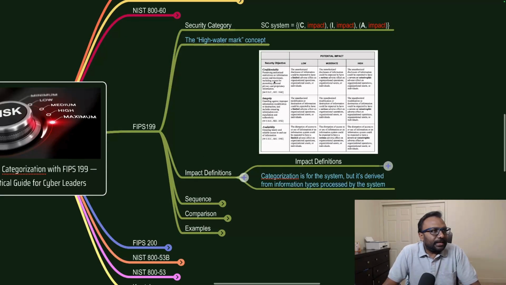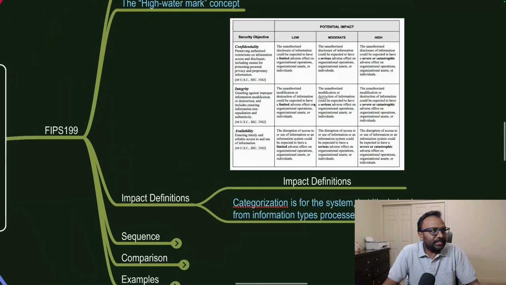What are the impact definitions? I am not going to read all these things, but just for your understanding, this is part of the FIPS 199 document. When confidentiality is low, it is a limited adverse effect, related to disclosure of information. If it is moderate, it is a serious adverse effect, and if it is high, it is a severe or catastrophic impact.